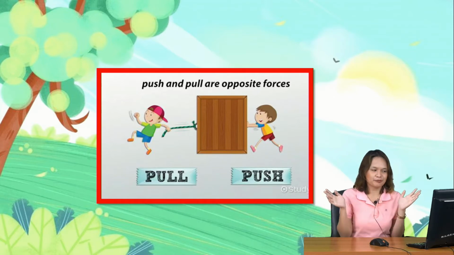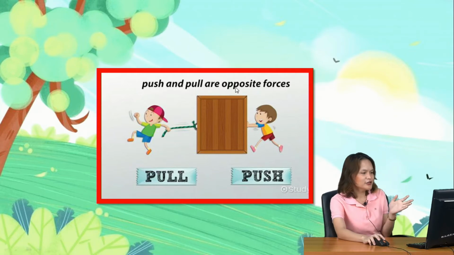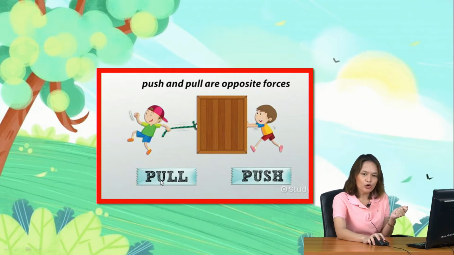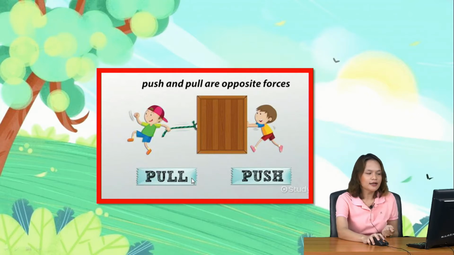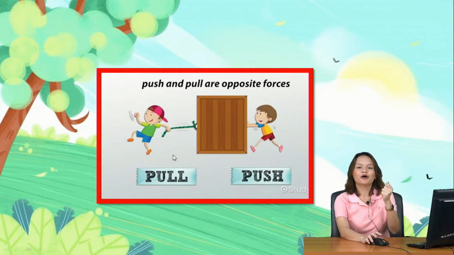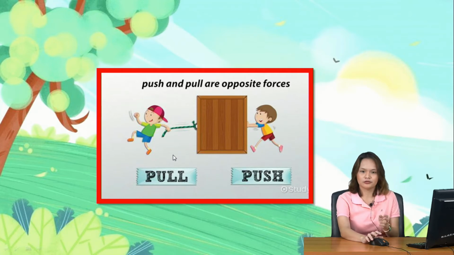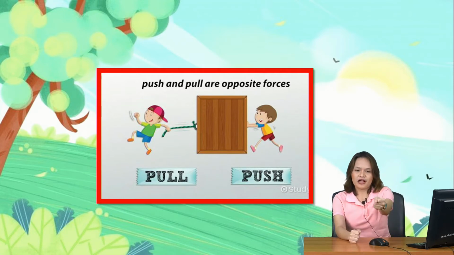The push and pull. So let's have a look at the pull. First word, pull. P-U-L-L, pull. An example of a pull is when you pull a thing like this.